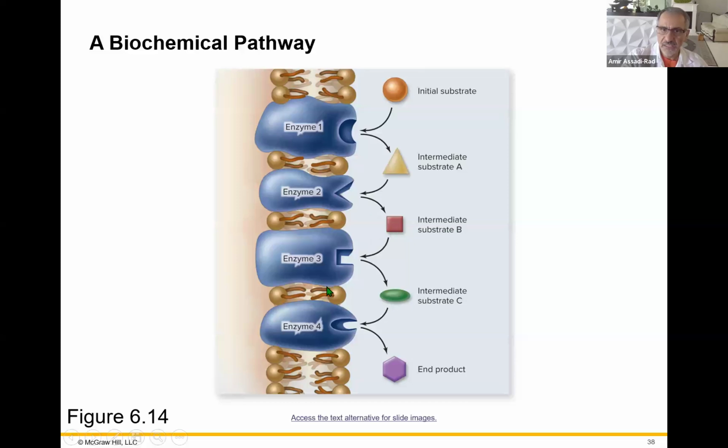Then this product, look at the shape of the enzyme. Look at the active site. It's a square. Look at the active site. As the active site looks like a V, the triangle fits in there. Okay, look at the active site. It's half a dome. Am I making sense? These are the substrates.